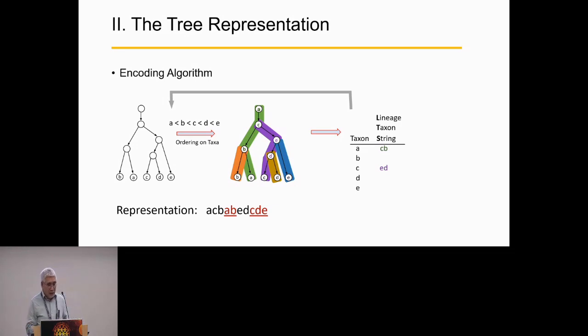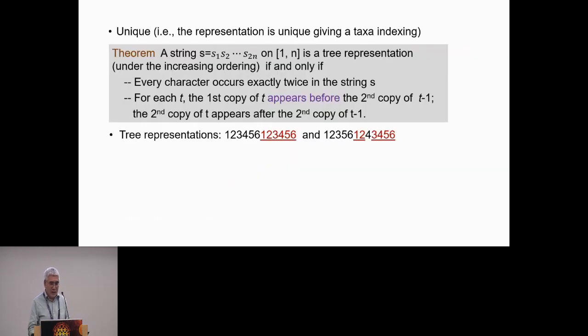The important information is these strings. The black characters are the important information. The red characters encode the ordering we use. If we use alphabetical order, we don't need those.